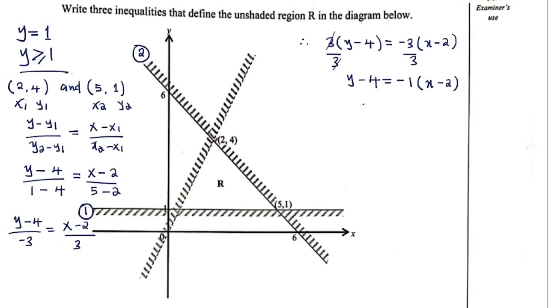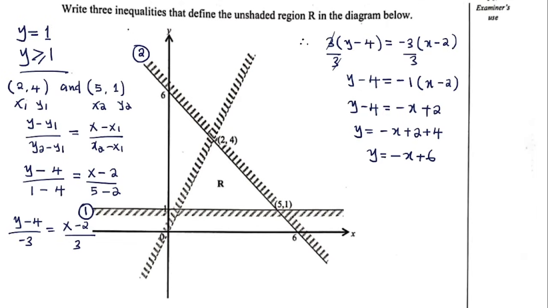So this negative 1 is multiplying everything that is in the brackets. Negative 1 multiplied by x, we're going to have negative x. Then negative 1 multiplied by negative 2, we're going to have a positive 2, where we shall say y is equal to negative x plus 2, then plus 4. So y is equal to negative x. If you add 2 plus 4, we're going to have a 6.